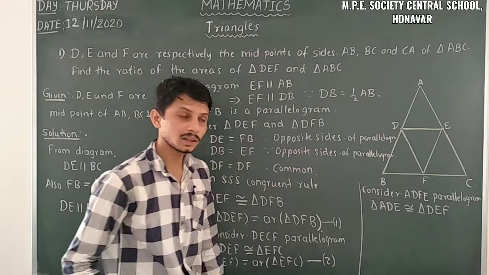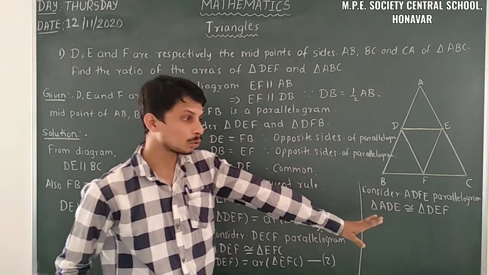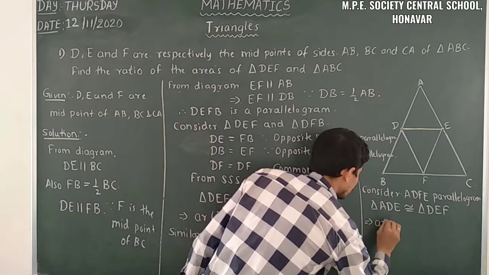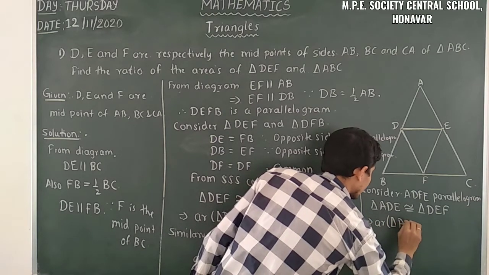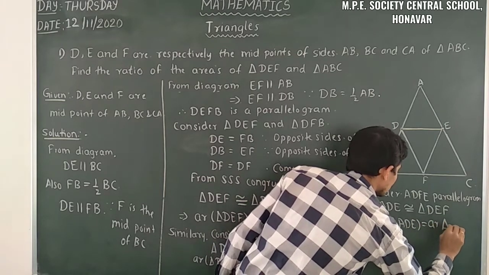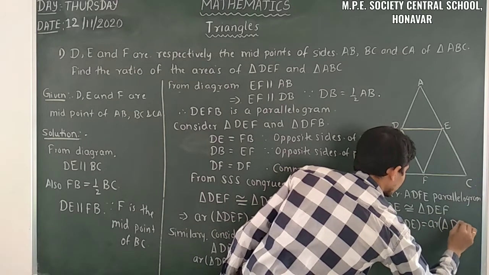So this implies area of triangle ADE is equal to area of triangle DEF.